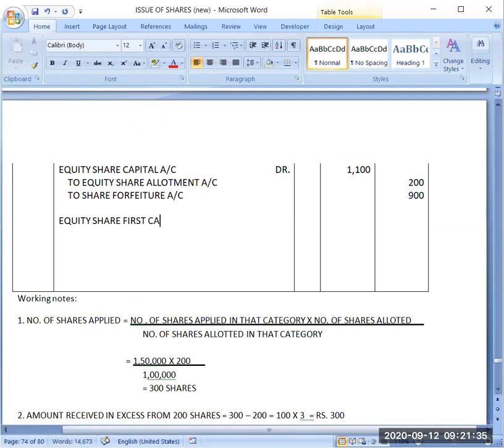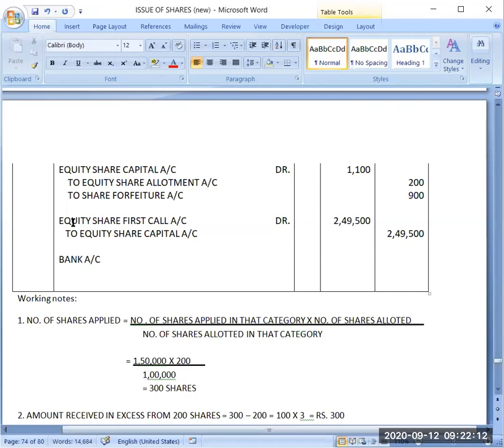Equity share first call account, debit, 2,49,500, to equity share capital account, 2,49,500.